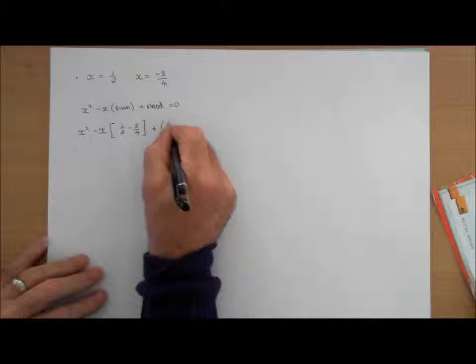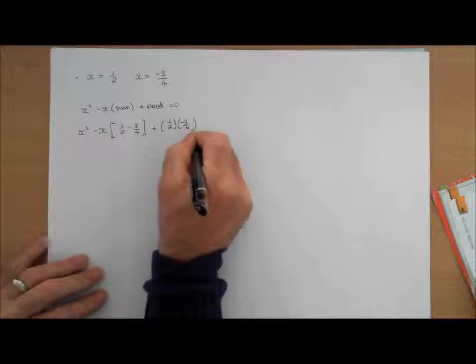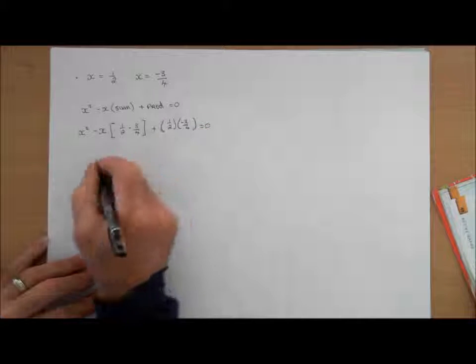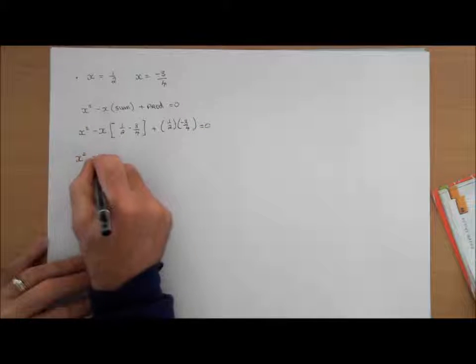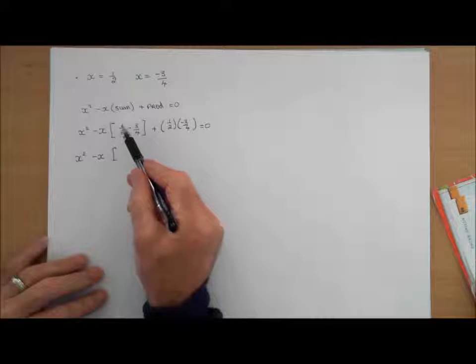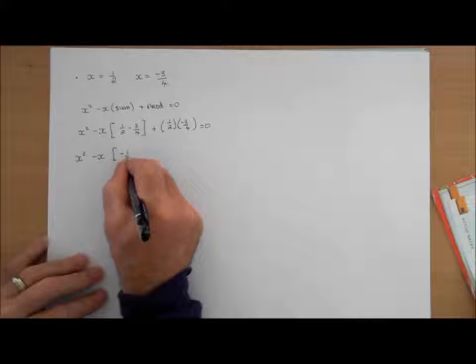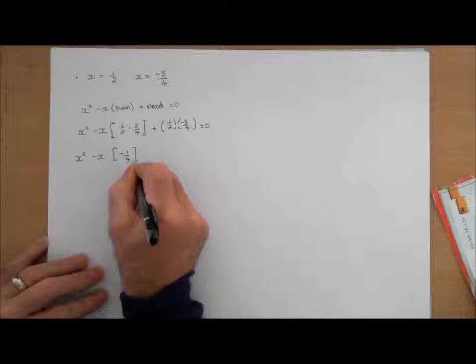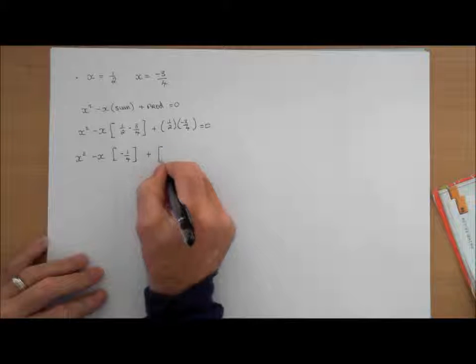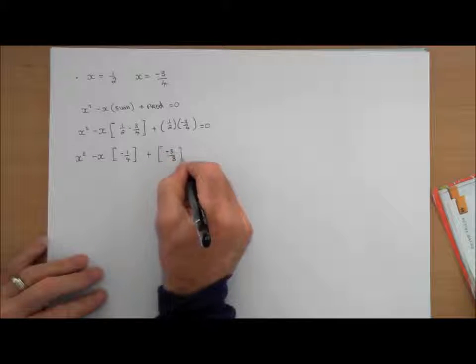Plus the product of those roots, 1/2 times minus 3/4, is equal to 0. That's x squared minus x times, 1/2 is how many quarters? 2/4 minus 3/4 is minus 1/4. Plus, multiply top by top, minus 3/8.